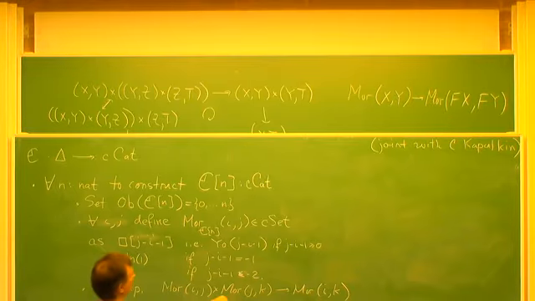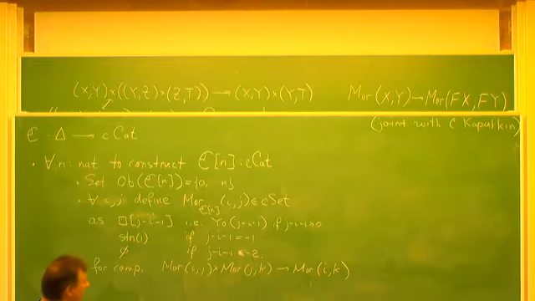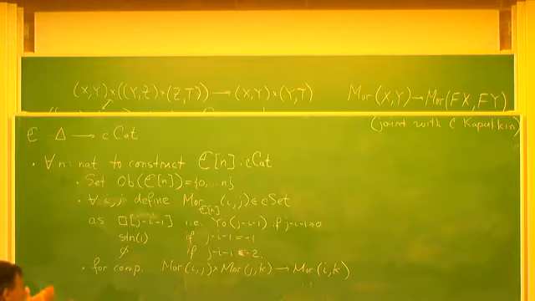Now this is a cube and this is a cube. So this is a product of two cubes. And the product of two cubes is naturally equivalent, and we are given a standard isomorphism between the product of two cubes and a cube.